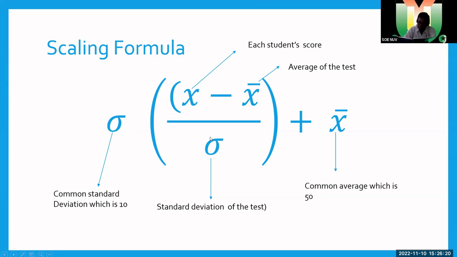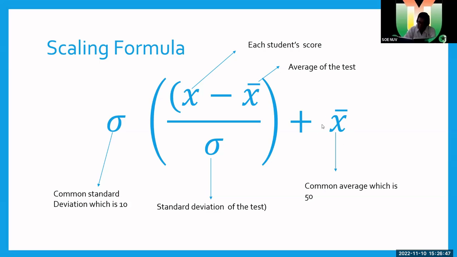The second standard deviation here is the standard deviation of the test. So before you apply this formula, you need to calculate the standard deviation of your test, as well as the average of the test. The X alone here is each student's score.